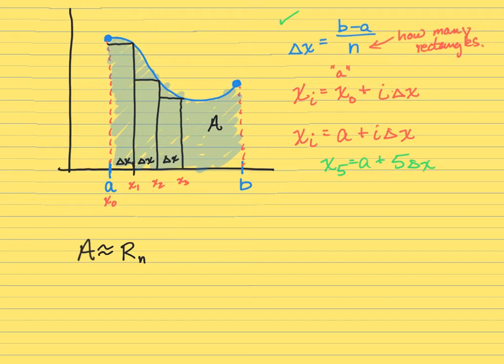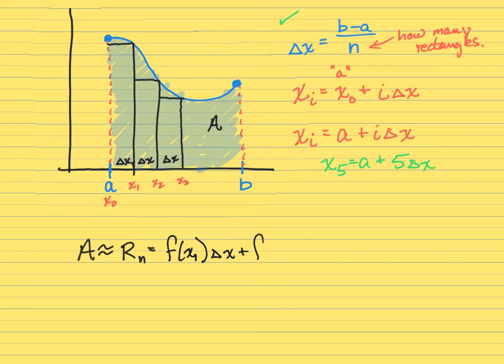So R sub n is the area of n rectangles using the right endpoint approximation. The first rectangle, its area is going to be its height, which is f of x sub 1 times delta x.